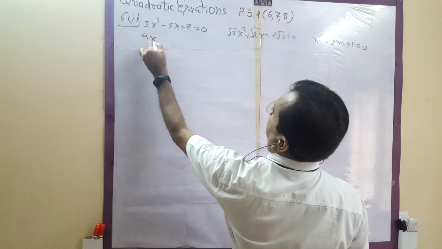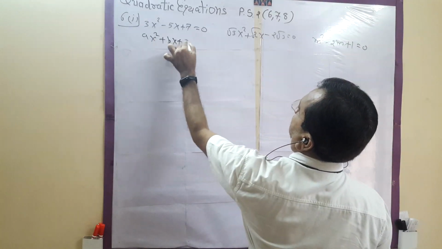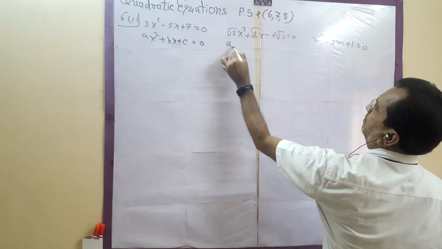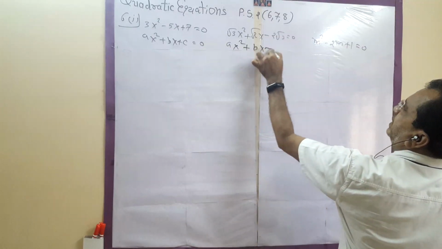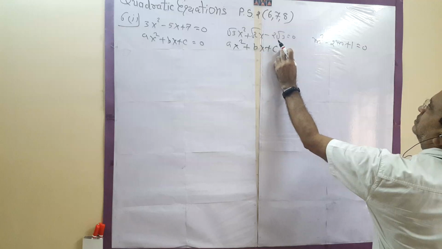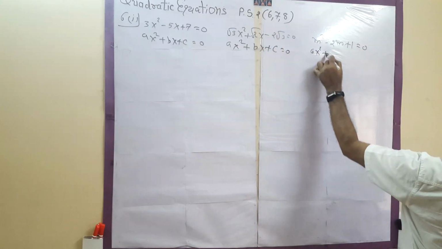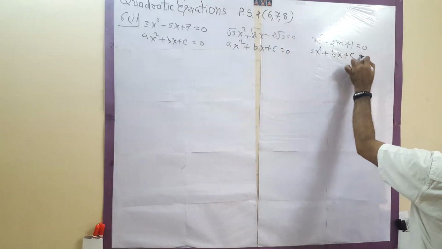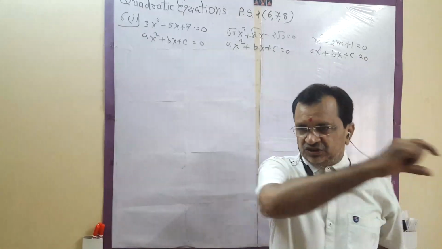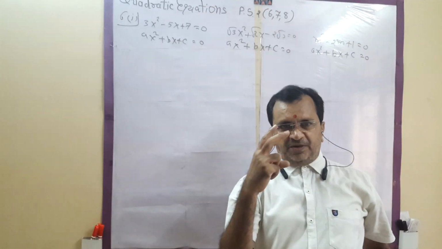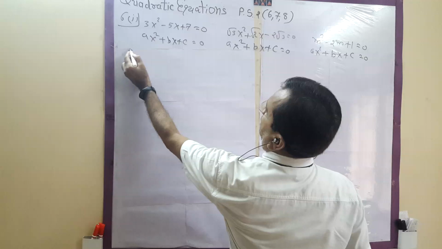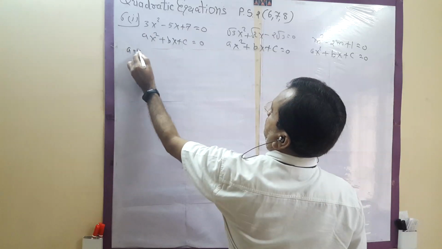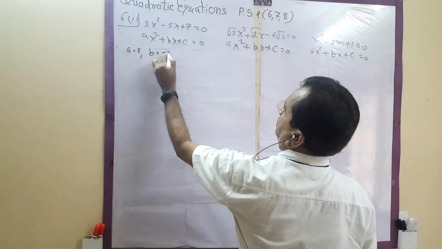Compare with ax square plus bx plus c is equal to 0. Step number 1, compare. Step number 2, find out a, b, c. What is a? What is b?